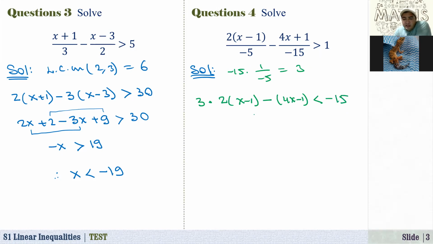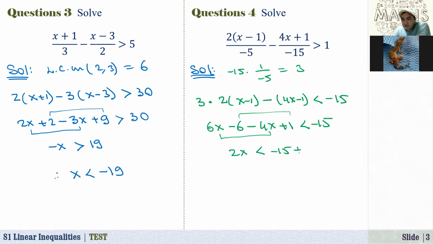So now if you expand the left hand side, 3 times 2 is 6, 6 times x. Here we have 6x minus 6 minus 4x, minus minus is plus 1, less than negative 15. So 6x minus 4x is 2x, less than negative 15, and minus 6 plus 1 is minus 5.